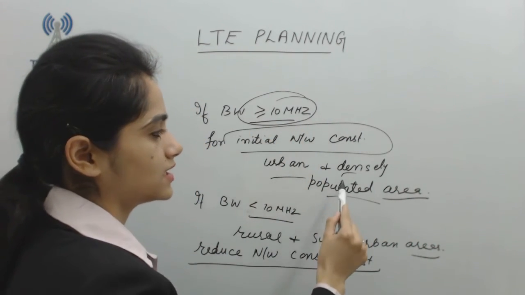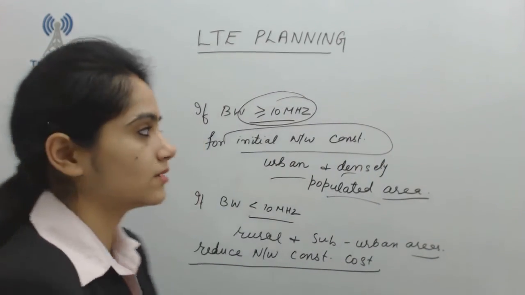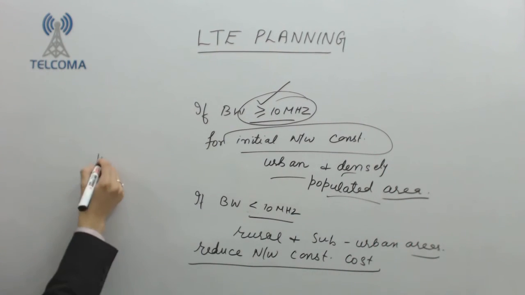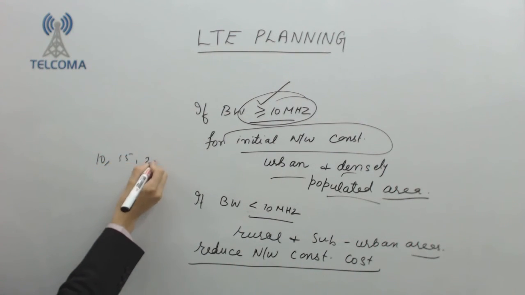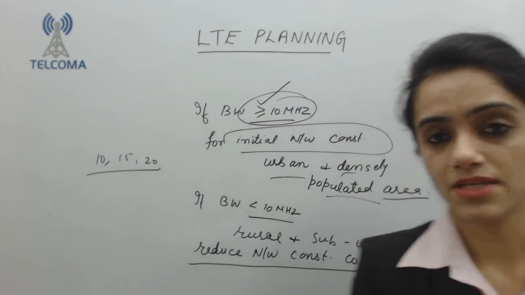I can plan in densely populated and urban areas only if I'm getting bandwidth greater than or equal to 10 megahertz, that means either 10, 15 or 20 megahertz.